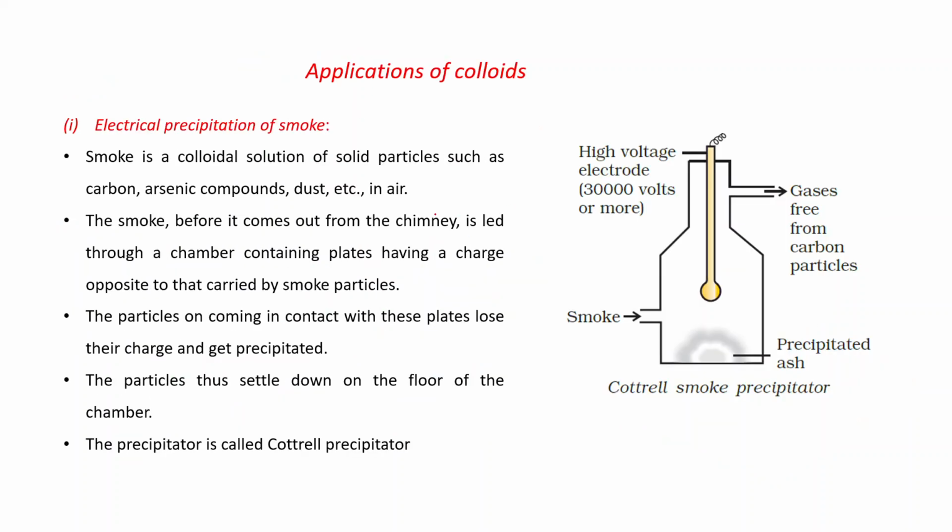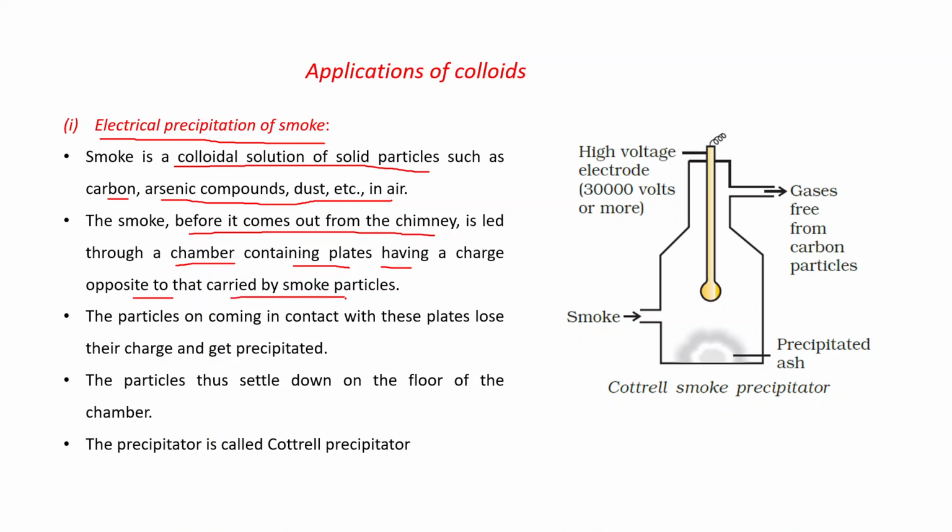Now, applications of colloids. Electrical precipitation of smoke. Smoke is a colloidal solution of solid particles such as carbon, arsenic compounds, dust, etc. in air. The smoke, before it comes out from the chimney, is led through a chamber containing plates having a charge opposite to that carried by smoke particles.